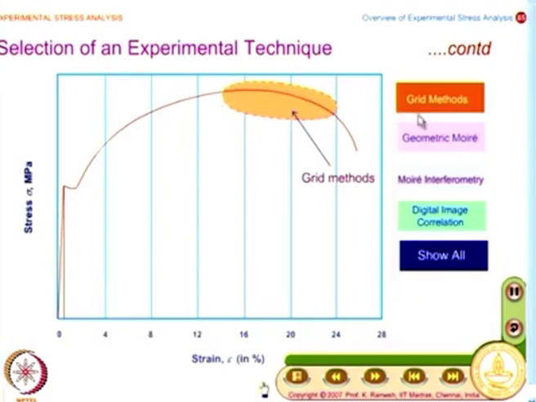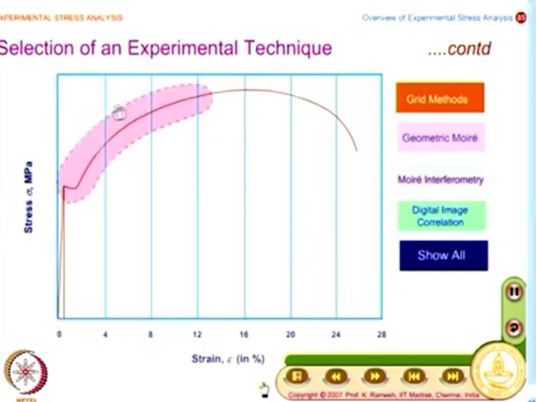And when you come to geometric moire, I would have it somewhere here. This is how I will be able to do this, and if I want to lower this, then I can go for moire interferometry. And what you need to worry about is this end point and start point. This shape is for convenience, for aesthetic beauty some shape is drawn.